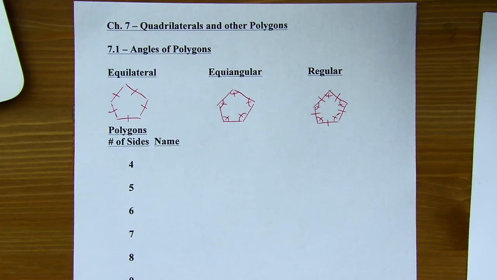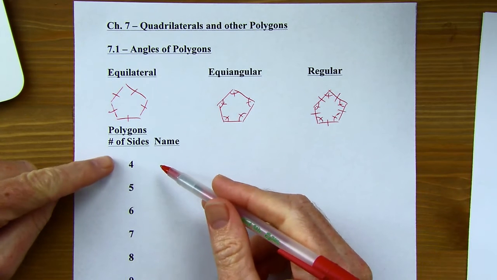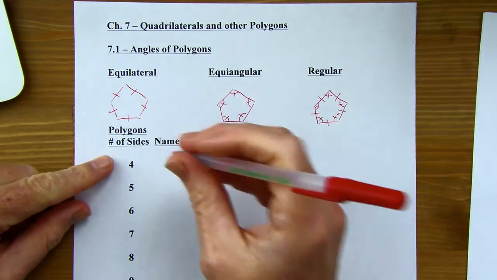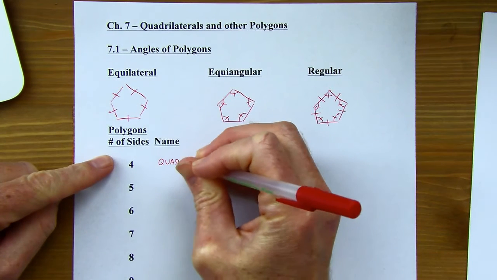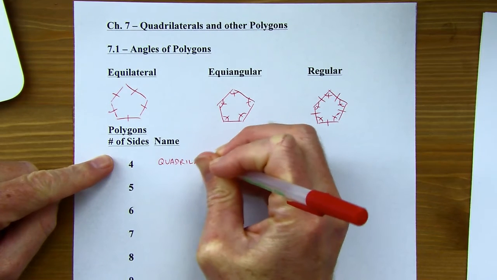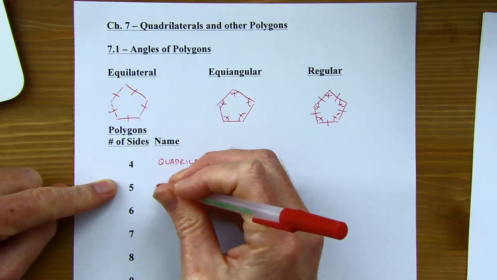And then we've already talked about the names of polygons earlier in the book, but I'm going to go over some anyways. I didn't put three-sided on here. That's a triangle, so I'm not even going to bother with that. But you should know that a four-sided polygon is a quadrilateral. Five-sided is a pentagon. That's what I just drew up there.